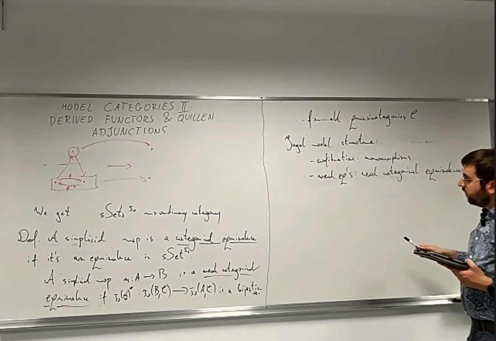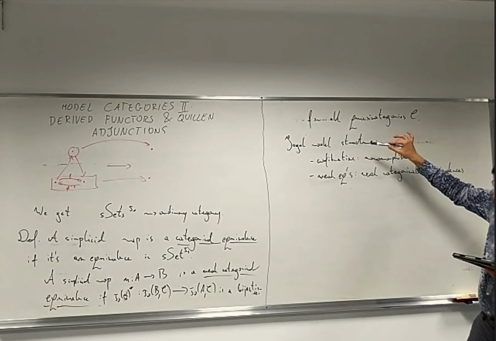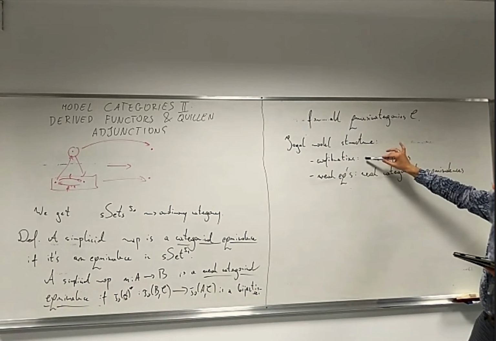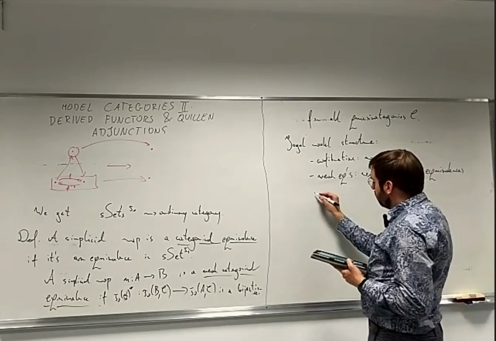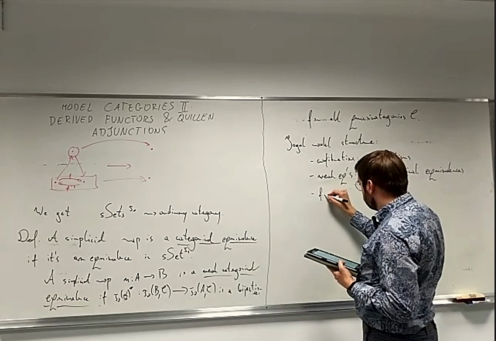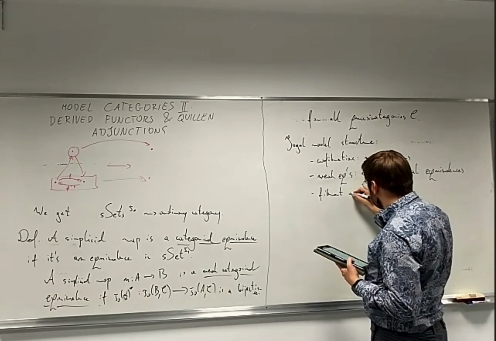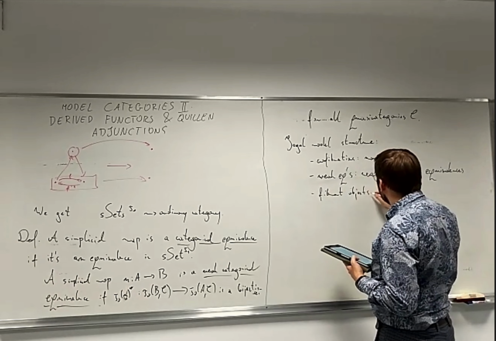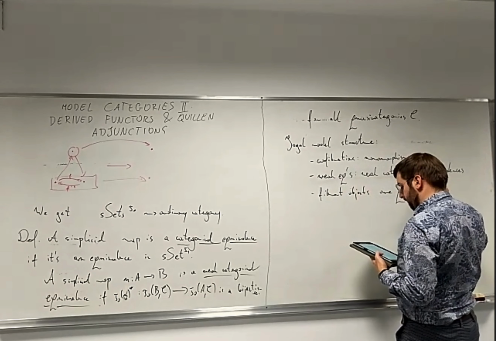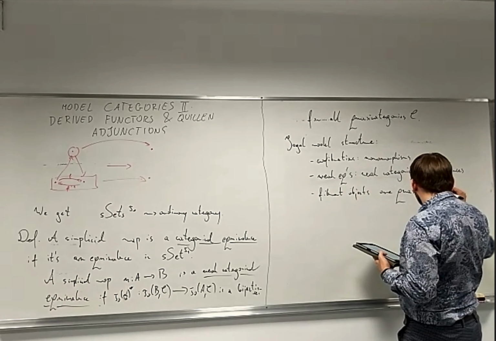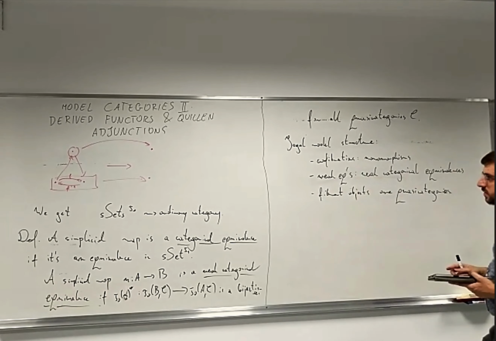Fibrations are then determined, and fibrant objects are quasi-categories. Okay, so this is the Joyal model structure.